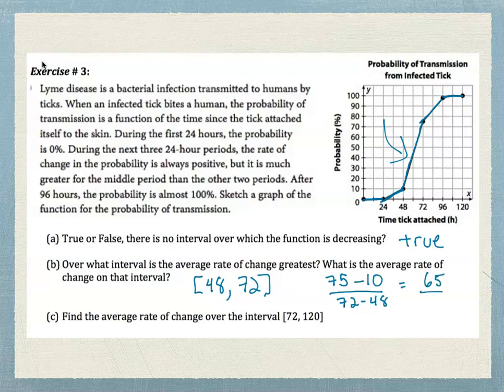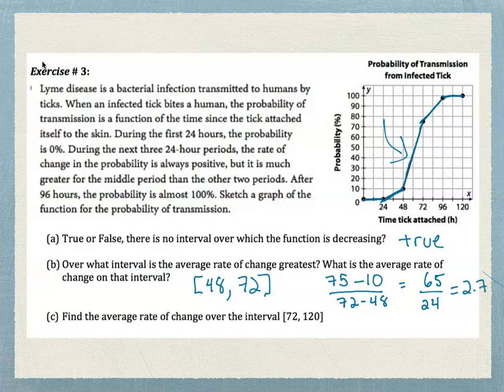Okay, and 72 minus 48, what is that in my head? I don't know. 72 minus 48 is 24. So you could write that as a fraction, or you could write it as a decimal and say 65 divided by 24 is about 2.7.